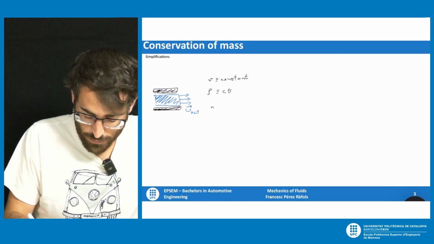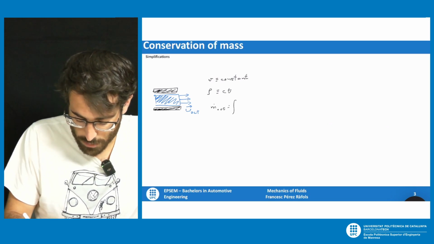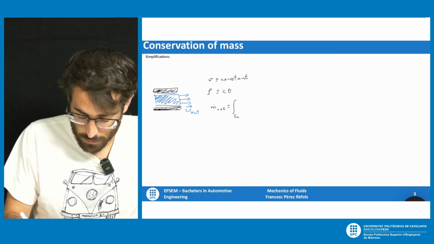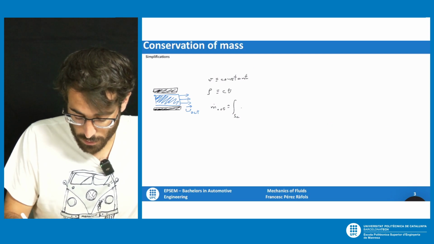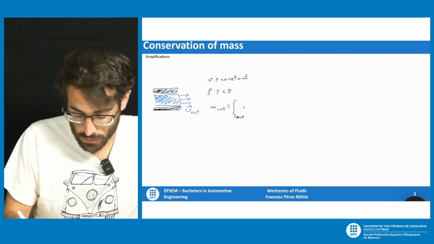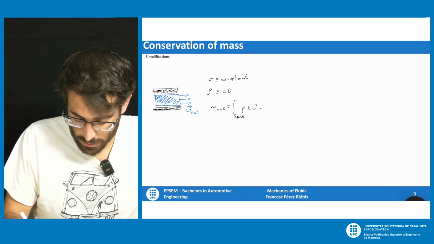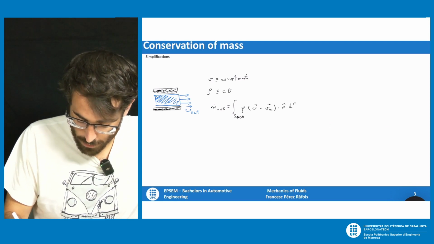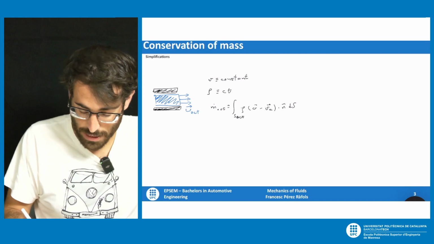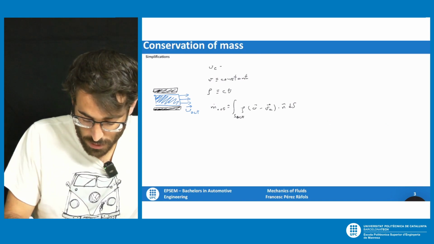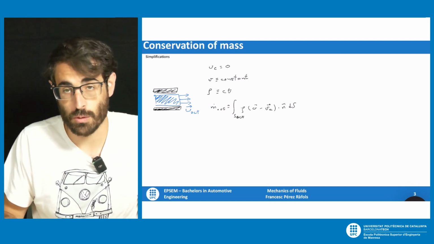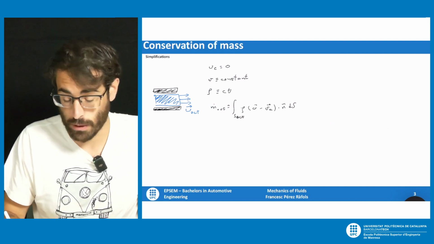Then what we have here is the mass flow at the outlet, which in principle is simply the integral over the surface of the outlet of rho times the velocity dot n times dS. Let us also assume that vc is equal to 0. If not, we will just work with v minus vc.